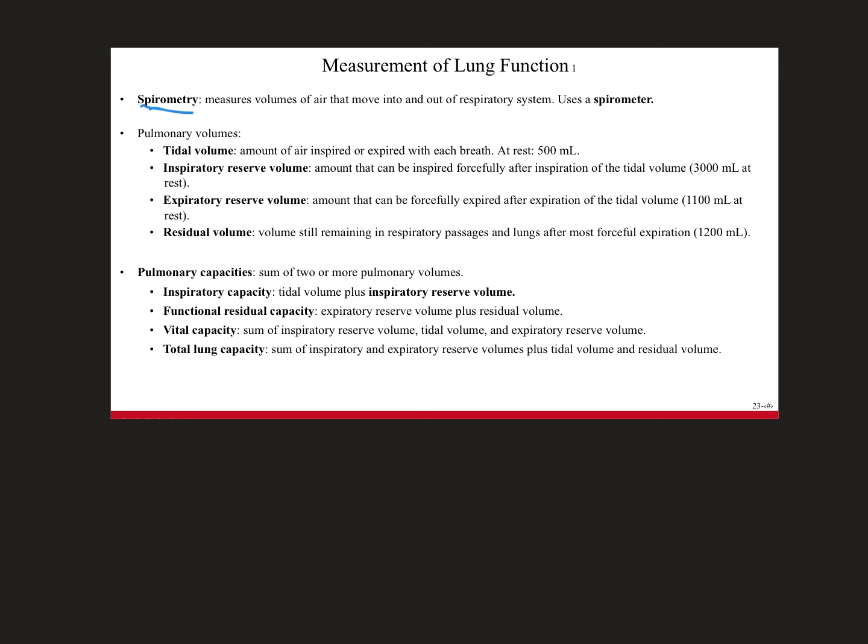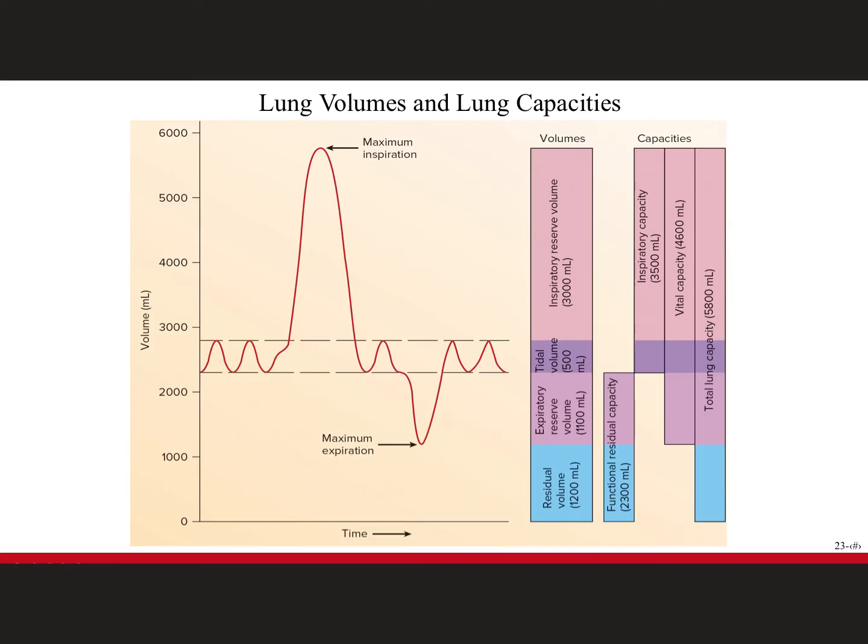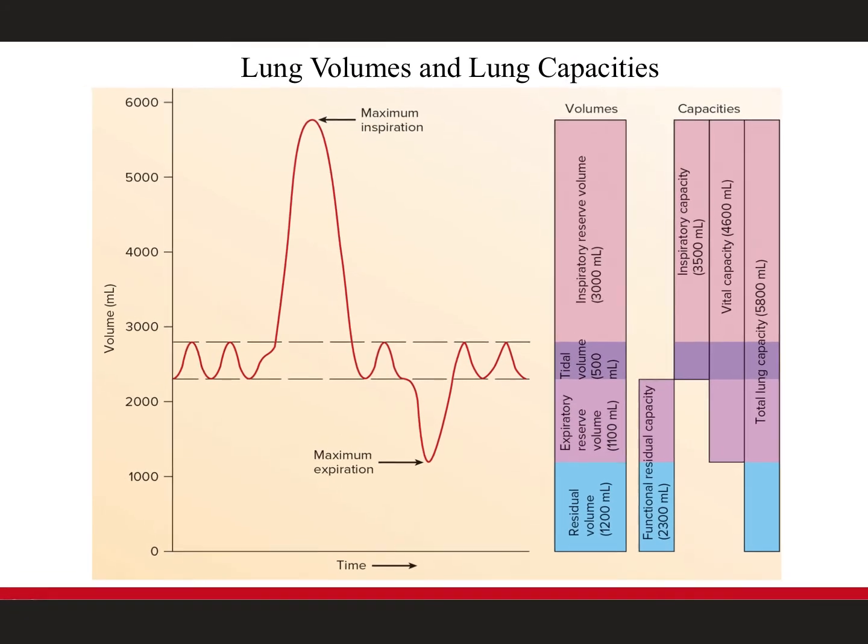Think about it in terms of COVID. People who have COVID have respiratory infections. Respiratory infections limit your ability to move air. Correct? Those limitations will show up in a spirometry reading.